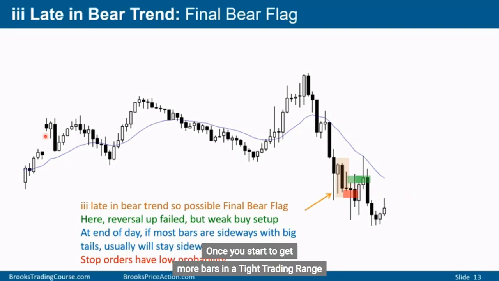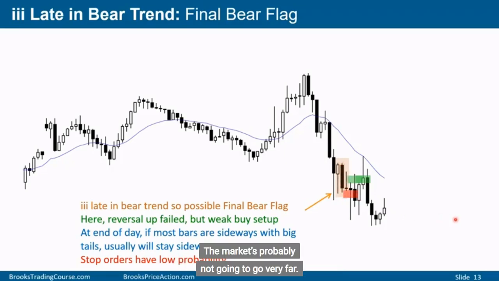Once you start to get more bars in a tight trading range and you start to get doji bars, small bodies, big tails, it reduces the chances that you're going to get much of a move out of the breakout mode pattern. Also, if the pattern is coming at the end of the day, the final 5 or 10 bars of the day, there's not much time left for a big move, so the reward is small, and the probability is low because every one of these bars is a reversal, down and up, and then up and down and up and down.